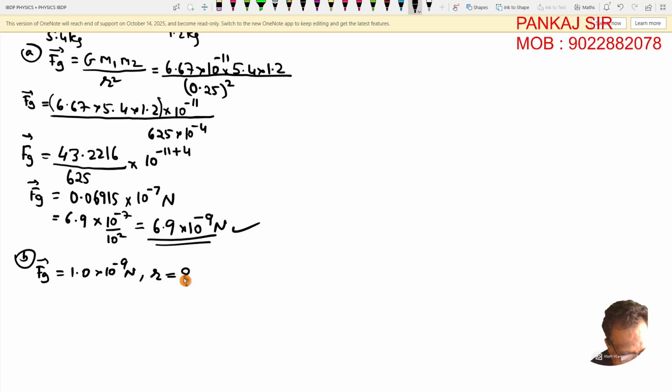Okay. So in the same formula, that is Fg equal to G m1 m2 over r square, what I'll do is I'm going to put Fg as 1 into 10 raised to minus 9.